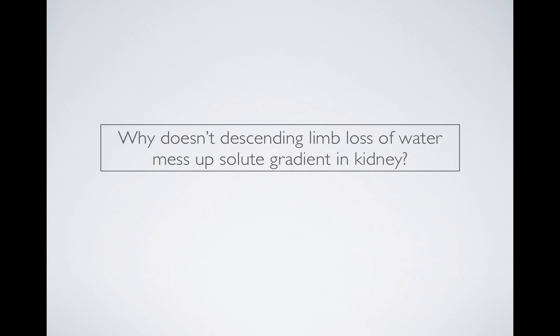But if we think about it, what was happening is that we were losing water to the interstitial space in the descending limb. So why doesn't all this water that's lost from the filtrate dilute the solute gradient that we set up?